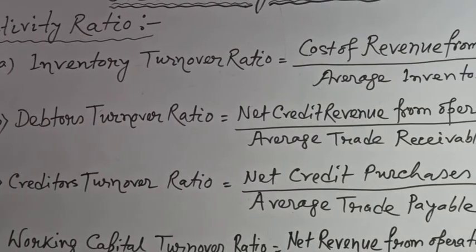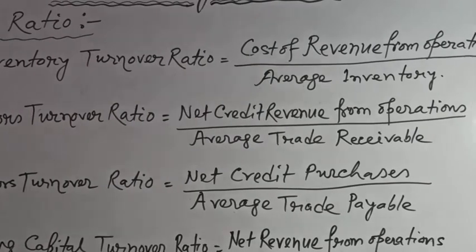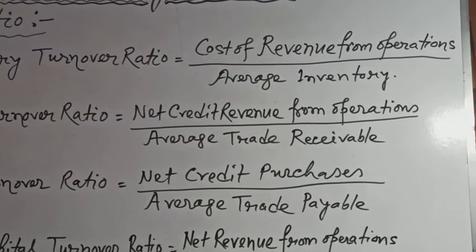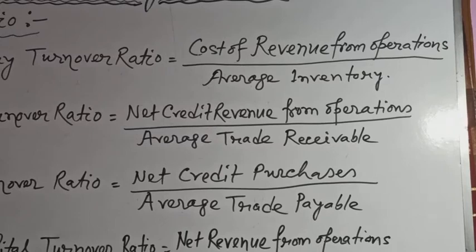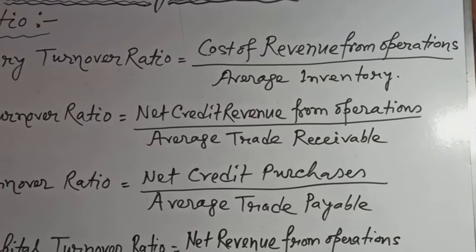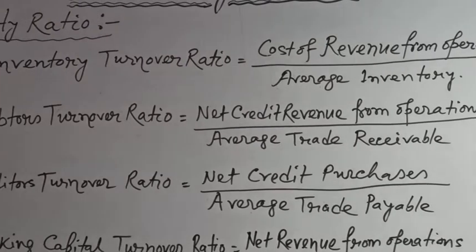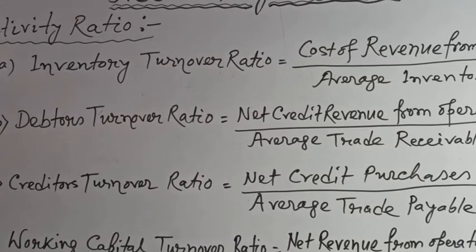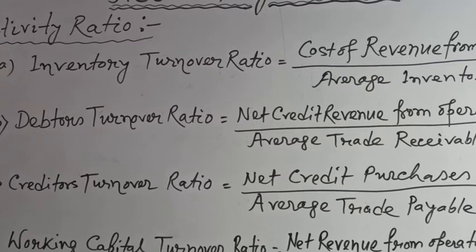The net credit revenue equals the total revenue minus cash revenue from operations, and average trade receivable equals opening receivable plus closing receivable divided by 2. Okay.